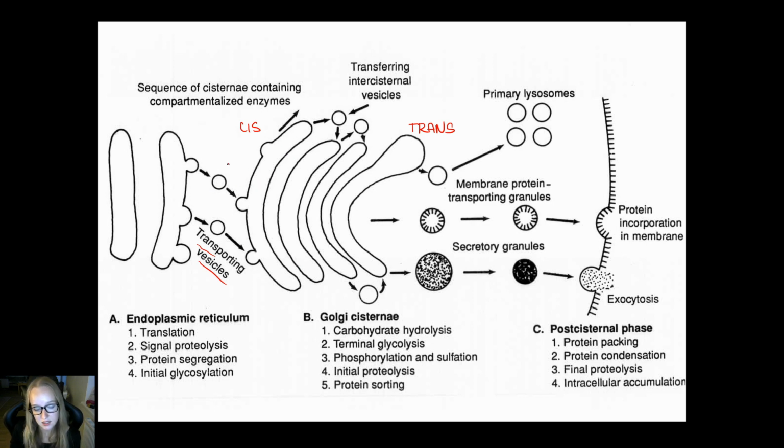And these cisternae in Golgi complex are separated, so there have to be other vesicles around. You can see it right here. They're transferring to another cisterna right here, and they are released in the trans phase right here.